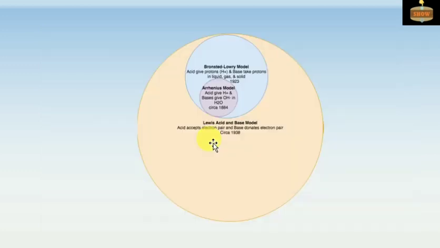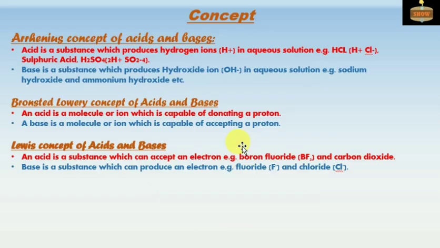According to Lewis, an acid accepts an electron pair and a base donates an electron pair. This model is from 1938. It includes both earlier models and is very important. So I hope you understand all the theories: the Arrhenius concept, the Bronsted-Lowry concept, and the Lewis concept.